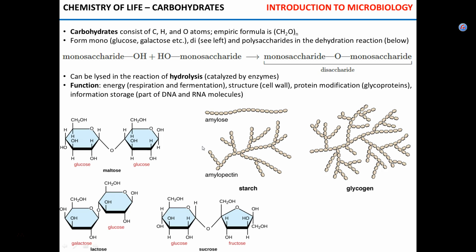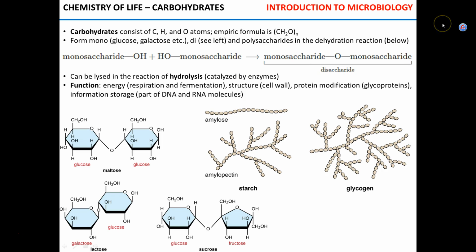Now, if we build them by linking monosaccharides in the reaction of dehydration, to break them down and take away water, we have to add water. And that water addition can be achieved by the reaction of hydrolysis. Does that make sense? Hydrolysis.